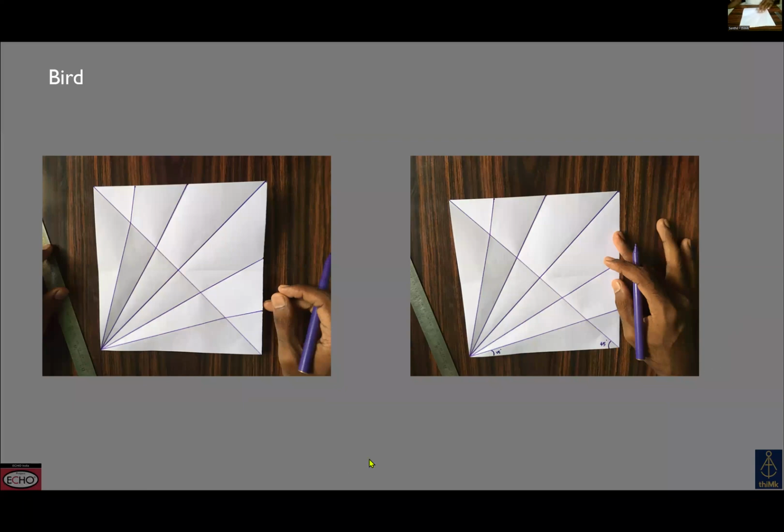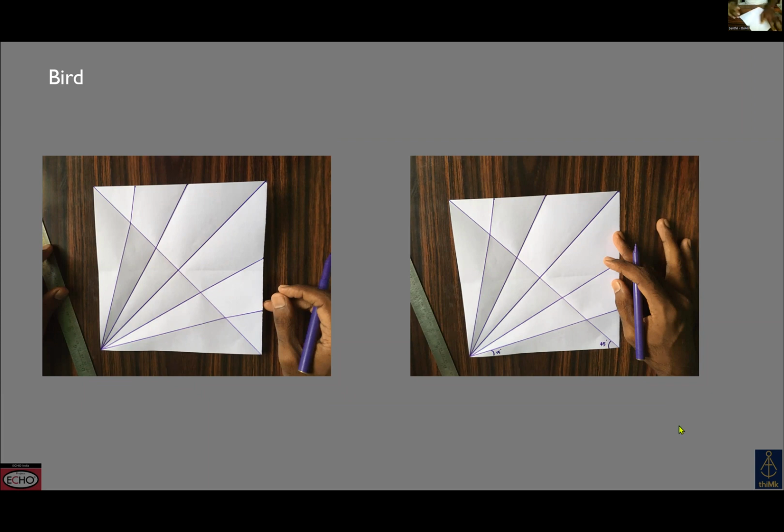Then you start looking at the angles. Since it's half of 90 degrees, the diagonal is 45 degrees.